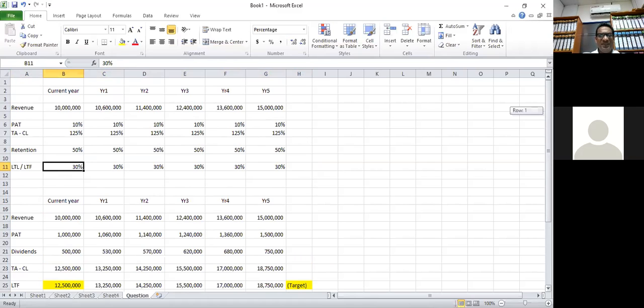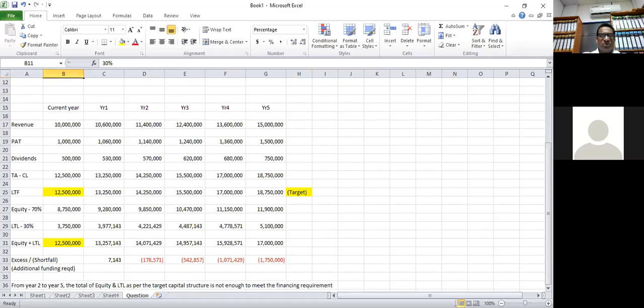No need to mention that. So 70% plus 30% is the total capital available based on the capital structure. But that is not enough to finance the assets. These are the shortfalls.